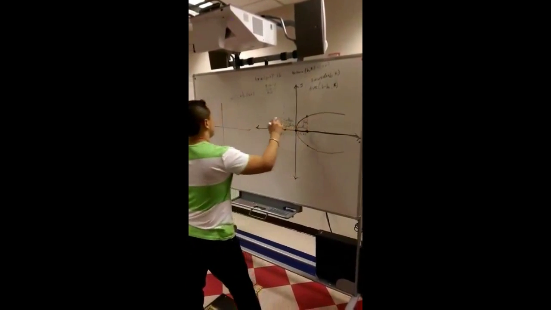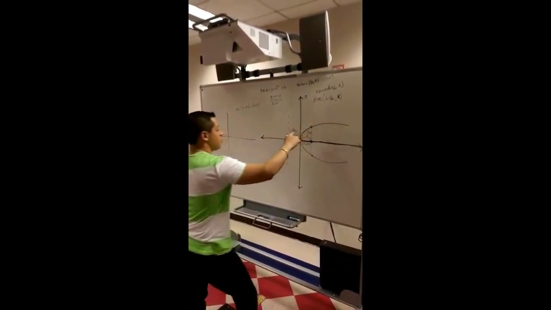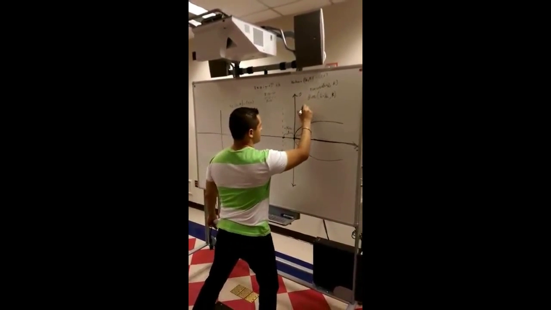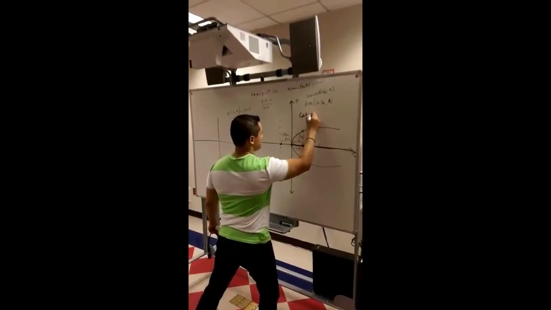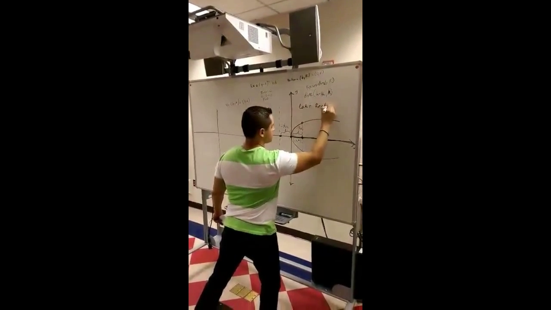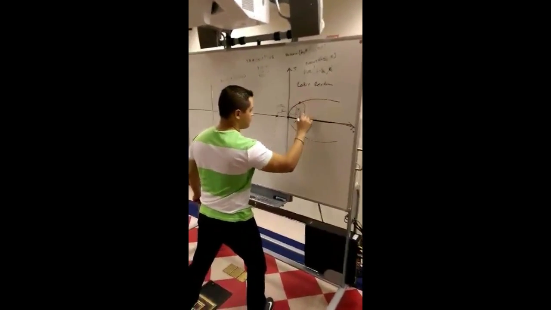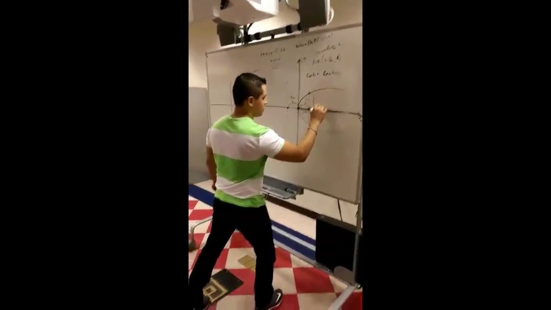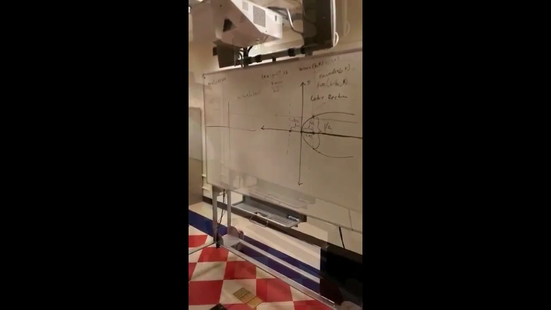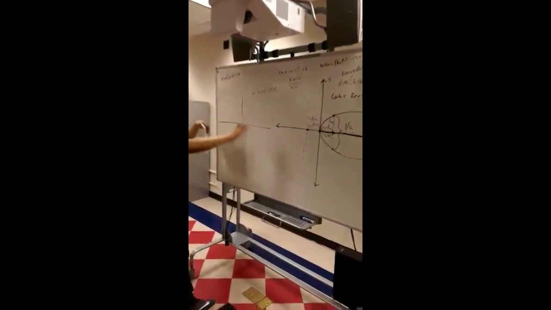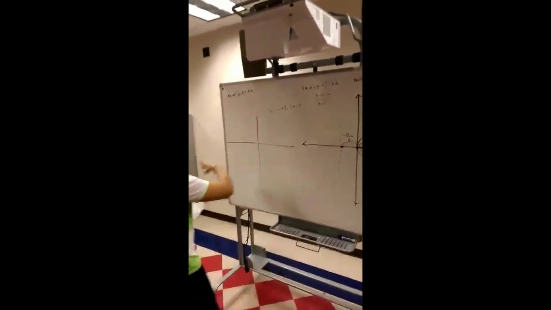For the latus rectum, the distance from here to here is going to be 1/8. Now we're going to grab the same one, but to the opposite side.